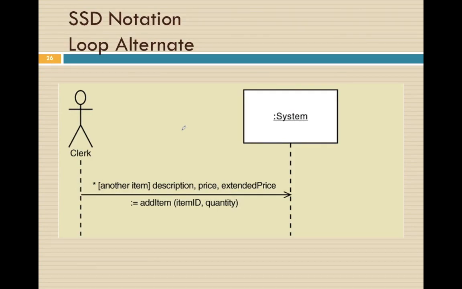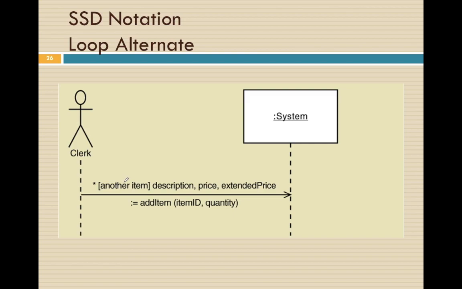We have another notation on how to write a loop, which we call the loop alternate. Now we do not have the loop frame, but you need to write it in this template. We have the asterisk and we have another item, which is the condition.